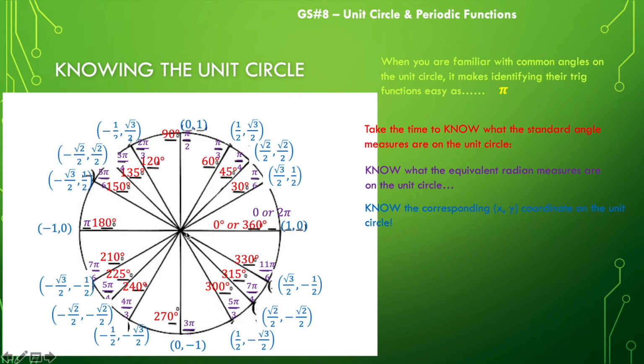We definitely know if this is a circle with a radius of 1, that the coordinate here would be 1, 0. And we definitely know that the coordinate here would be 0, 1, because this is the origin. Then the rest of these, notice that I could think of this as a right triangle with a 30-degree angle.